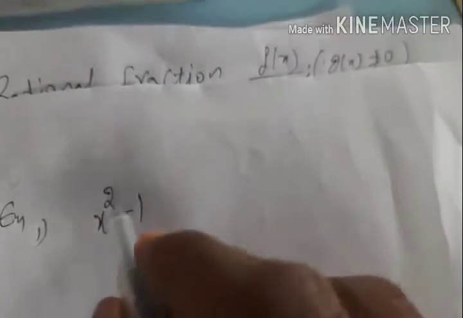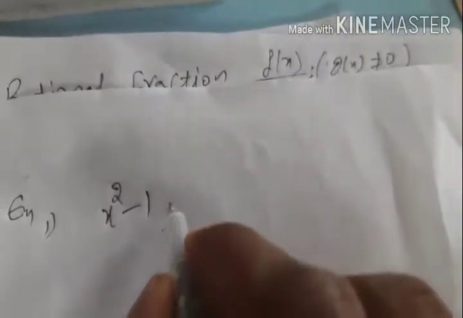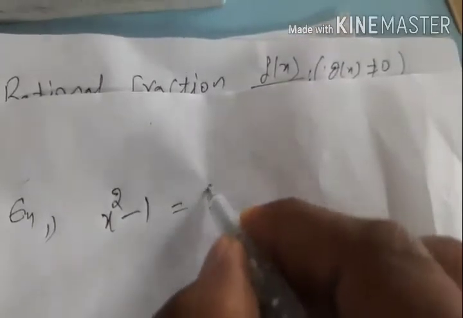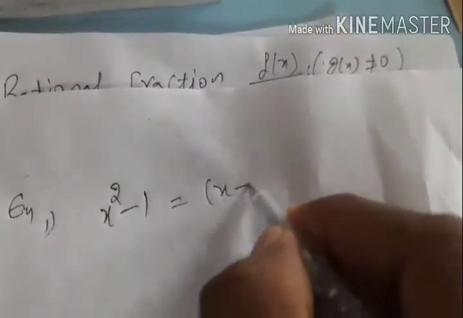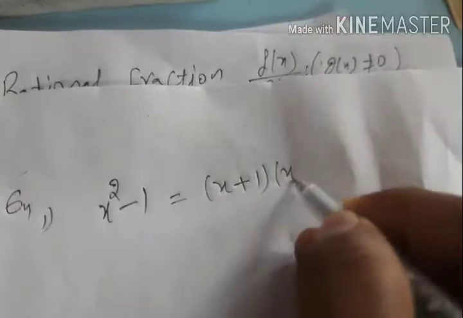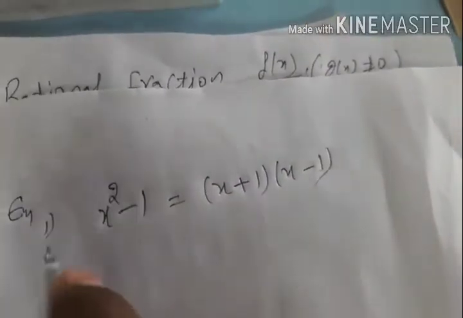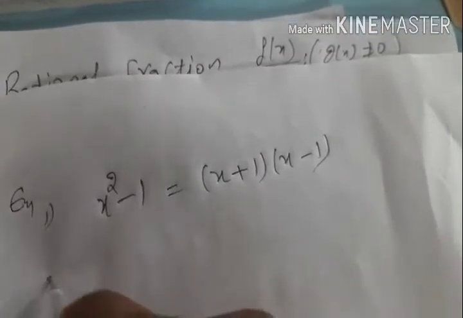Example 1 is a simple example. x square minus 1 is a reducible polynomial. Why? x square minus 1 can be written as the product of the two polynomials x plus 1 and x minus 1. That's why x square minus 1 is a reducible polynomial.